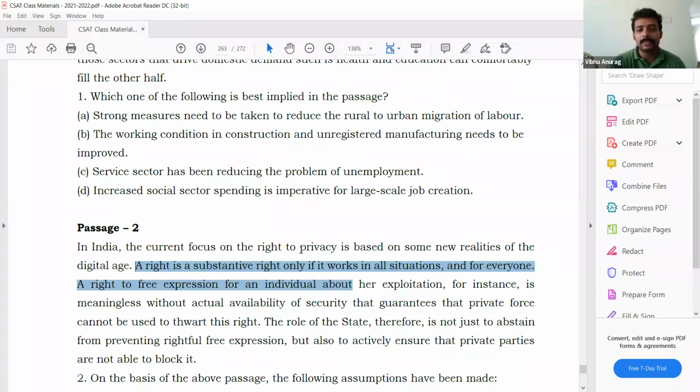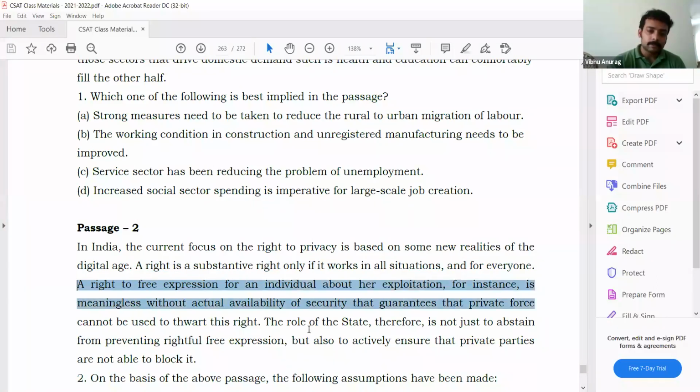So only then is it a proper right. A right to free expression for an individual about her exploitation, for instance, is meaningless without actual availability of security that guarantees that private force cannot be used to thwart this right. Thwart means to stop this right or to go against it.